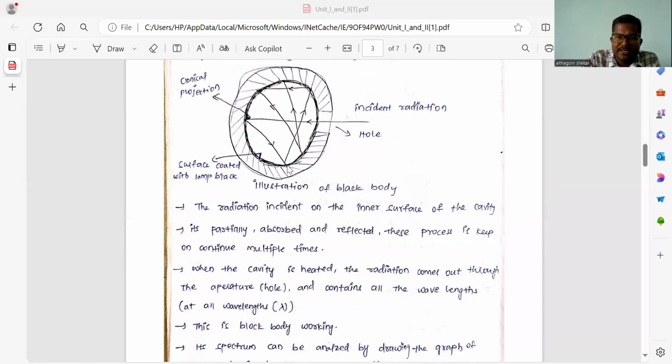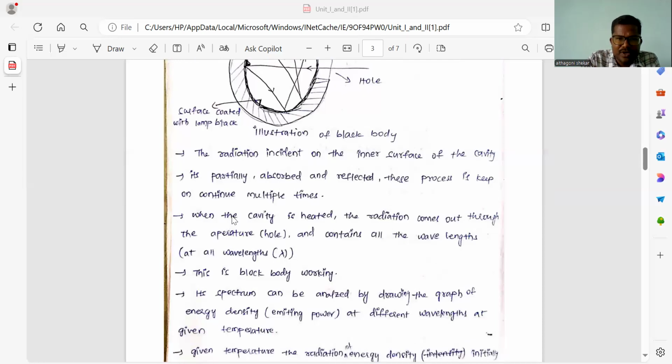Through this continuous process, the black body is heated. When the cavity is heated, the radiation comes out through the aperture or hole, and this emitted radiation contains all wavelengths.